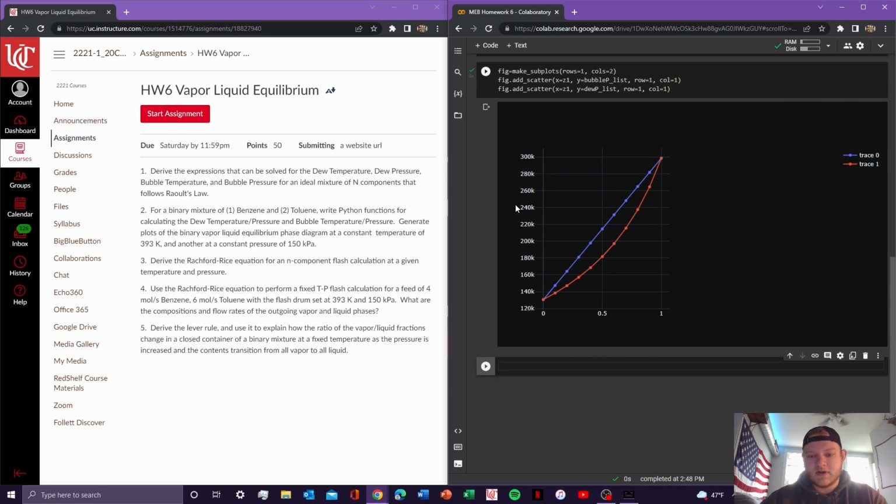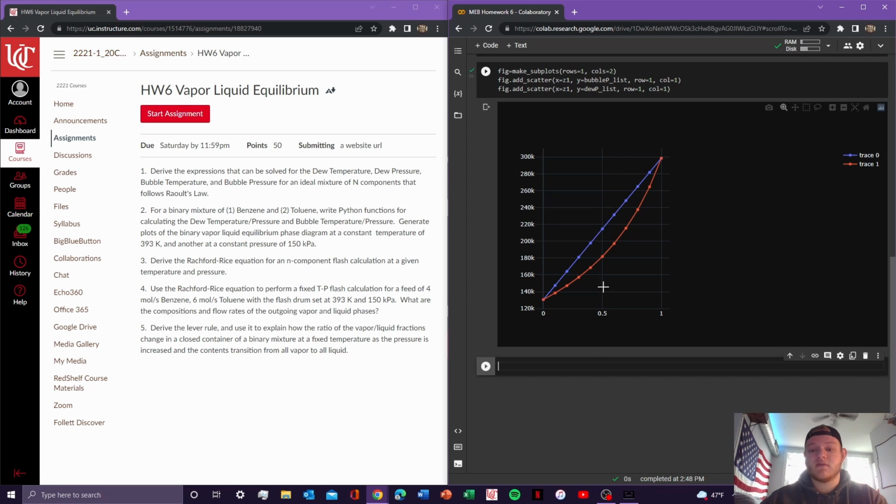That's not the temperature, that's the pressure. So that would form at around 181,000 pascals and 214 pascals for the bubble. So that is at a constant temperature of 393 Kelvin.